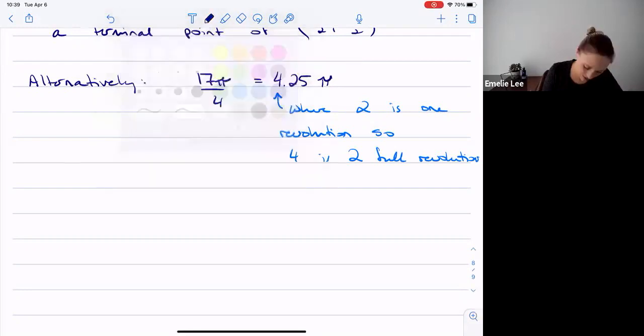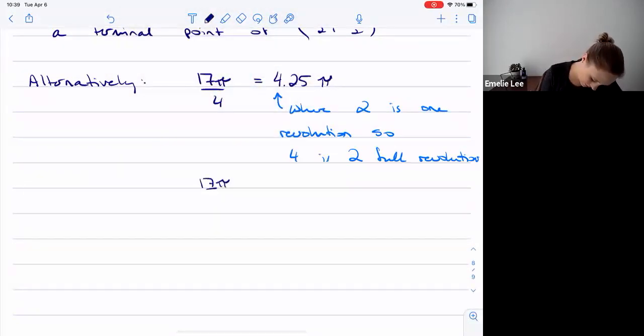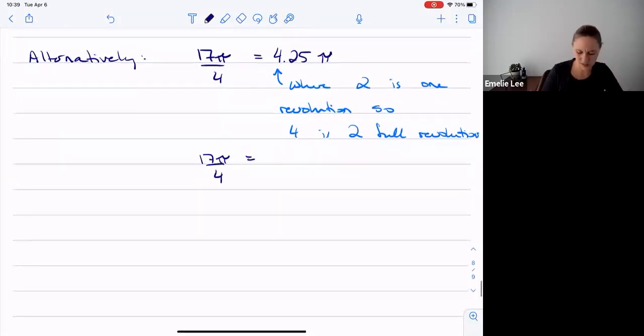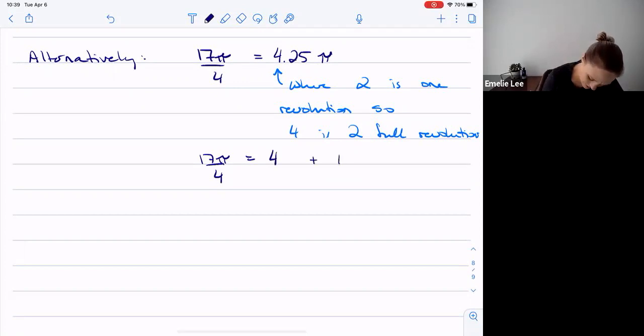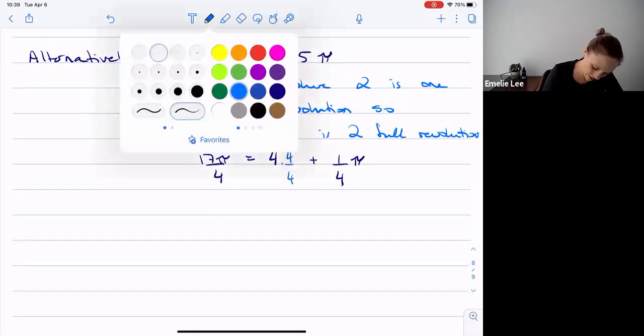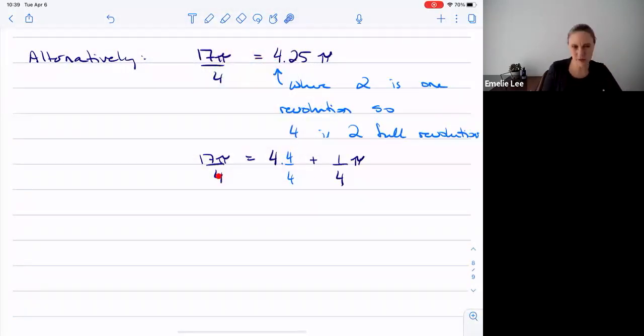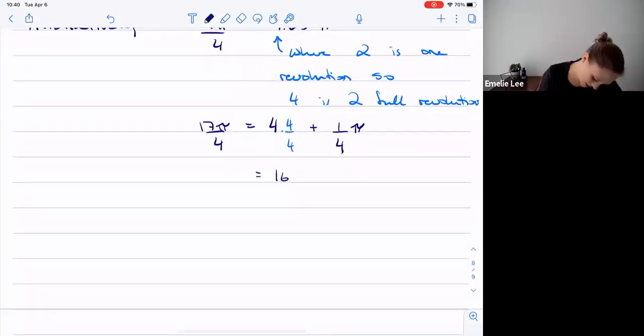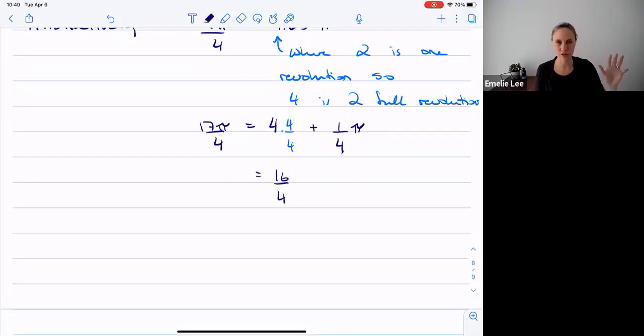So what you do is you can rewrite 17 pi over 4 as 4 as a fraction over 4, right? And let's just take it nice and slow. 4 plus a quarter, 1 over 4, times pi. But to get a common denominator, I need to multiply the 4 by 4 over 4, right? Because I moved from a common denominator of 4. And so I get 16 over 4, which is 4.